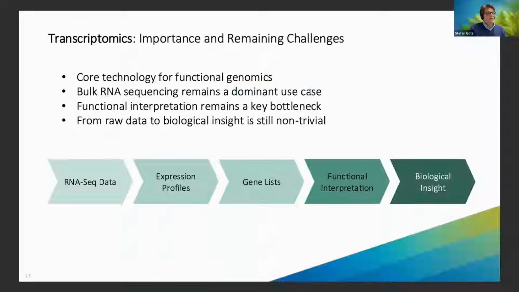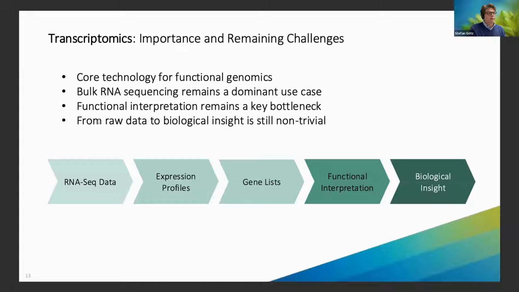And as far as I can observe from all of our clients, the functional interpretation often remains the key bottleneck, the most tricky part here. And that's where we want to add value to your research. So you will be able to do this easier and better, even for those species where no functional information is available.